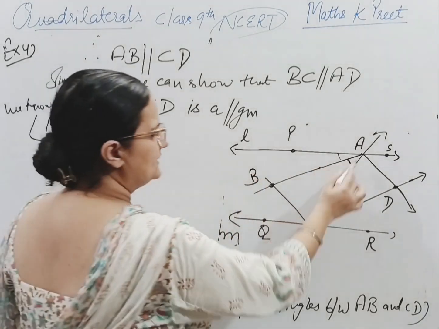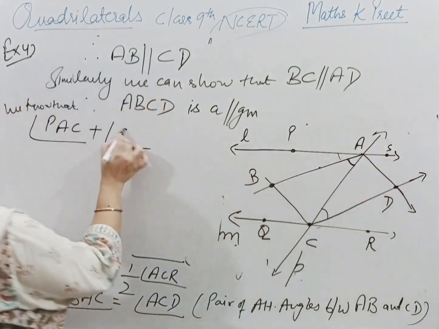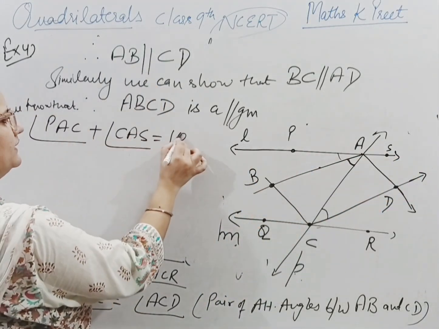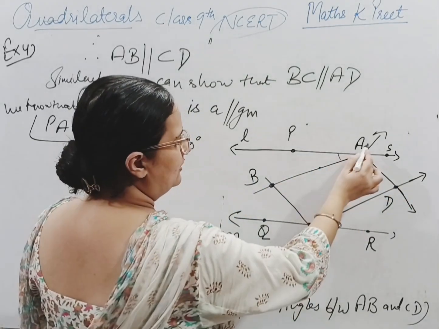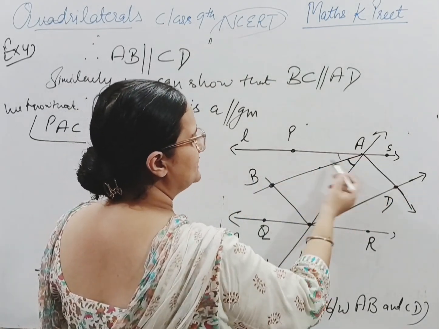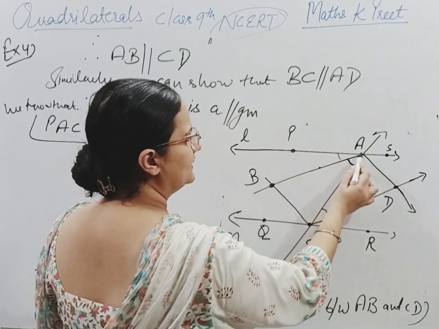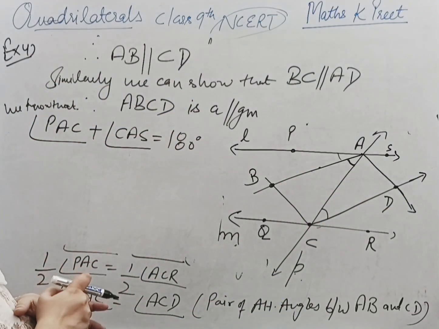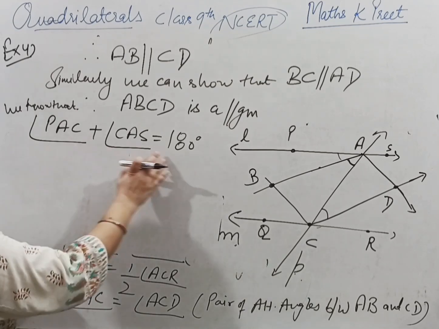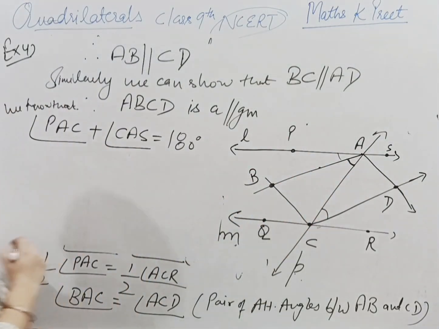So angle PAC plus CAS, these two angles are forming a linear pair of angles. This is a line and this is a transversal, or we can say these are two adjacent angles with one common arm and the rest of the two arms non-common. So this is making a linear pair of angles. So their sum is what? 180 degrees. So PAC plus CAS.